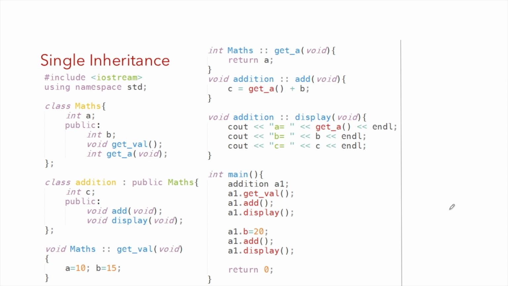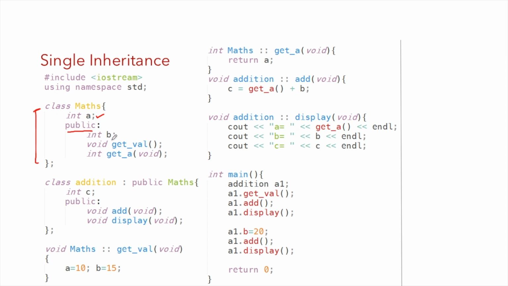Now we'll try to understand single inheritance with the help of one example. We are going to use our class maths. It will have one private data member A. Now it is private because we have not mentioned private over here. Then we have public members.